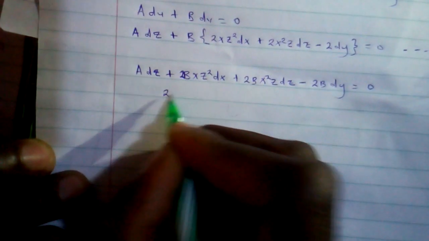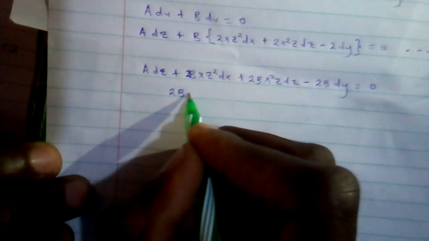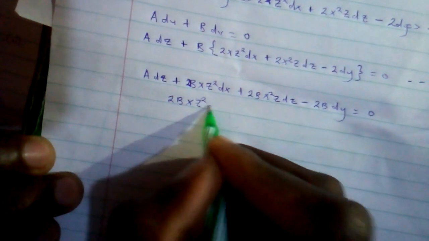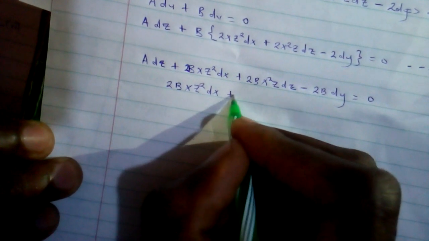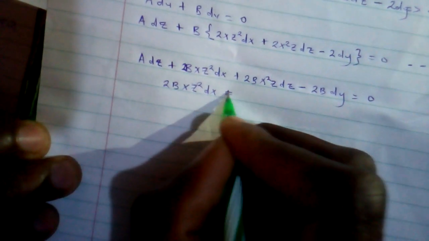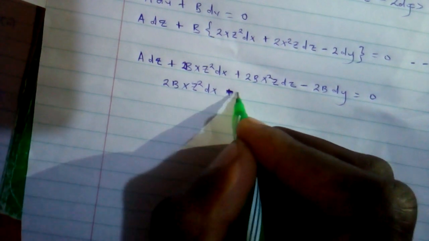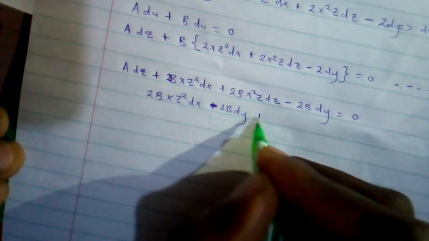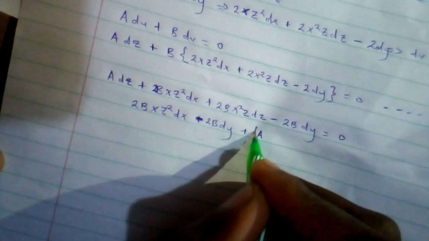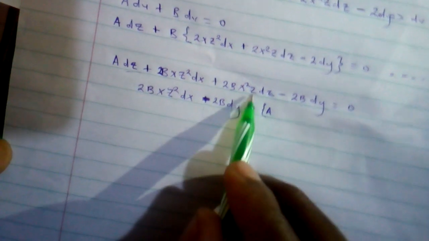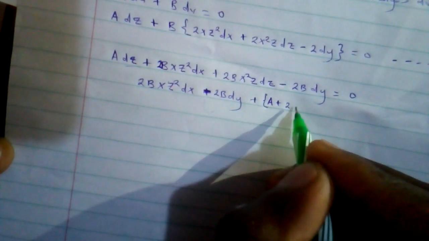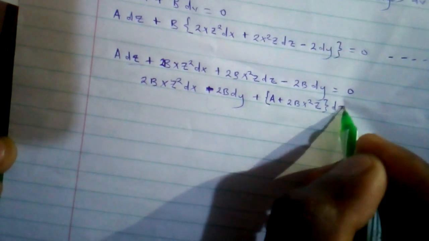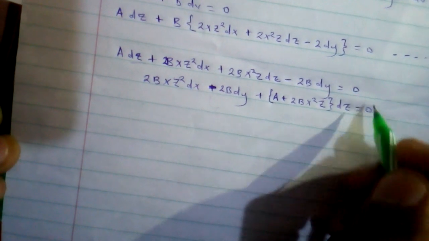We are going to obtain 2bxz squared dx plus, it will be minus 2b dy plus a, this one will be in a bracket, since dz we have 2 of them, plus 2bx squared z dz is equal to 0.